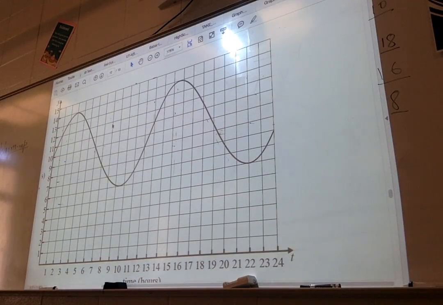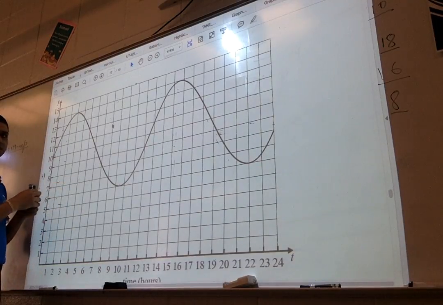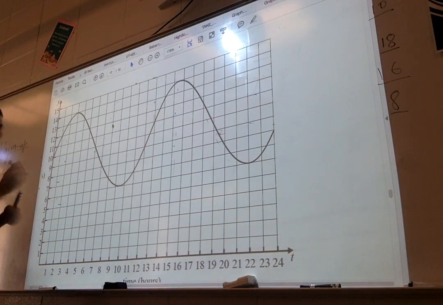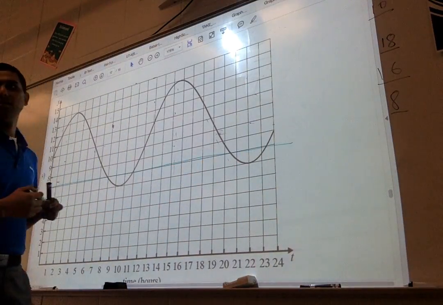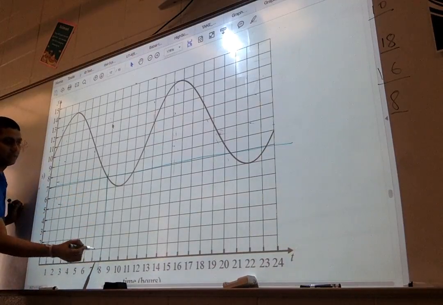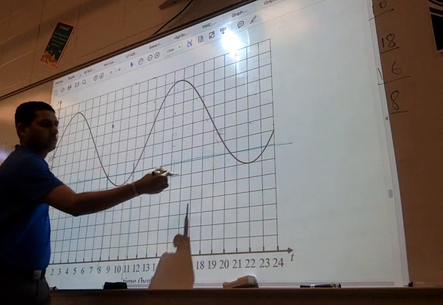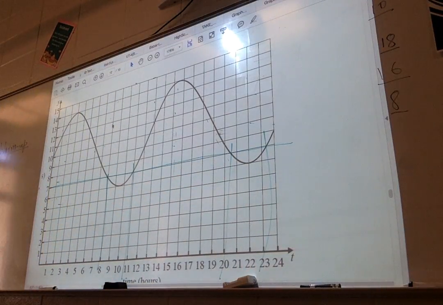Less than 7 meters. So that means when it is less than 7 meters, the alarm goes, right? So you've got to draw the line. So at this time, this time, this time, this time, right?